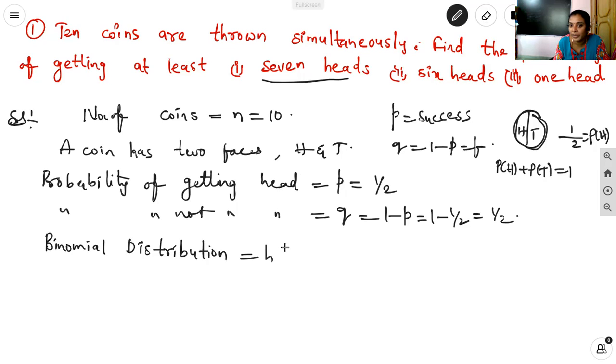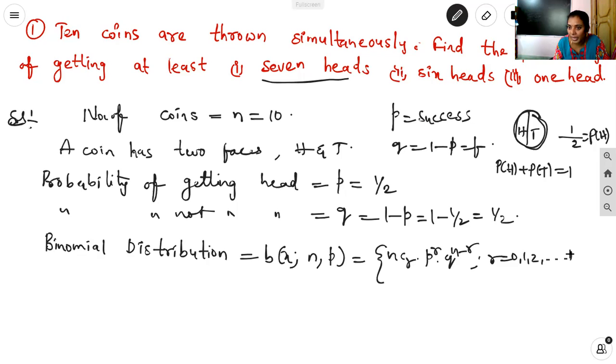It is denoted by b of x; n, p, equal to nCr p power r q power n minus r, such that r equal to 0, 1, 2, 3, and so on up to n, and 0 otherwise. By using this, here we know that n is equal to 10, p equal to 1 by 2, q equal to 1 by 2.